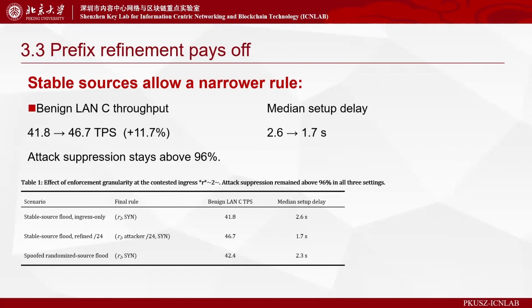Benign throughput rises to 46.7 transactions per second, an 11.7% improvement, and median setup delay falls to 1.7 seconds. Attack separation remains above 96%. Under randomized spoofing, with no prefix dominance, the controller correctly keeps the ingress-wide rule.